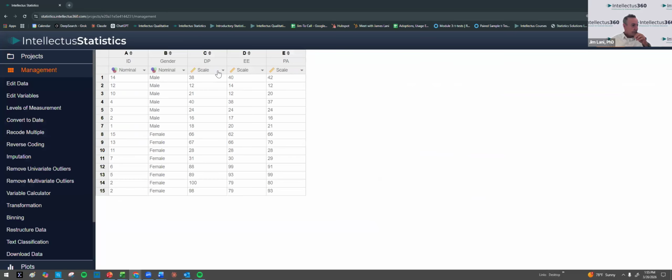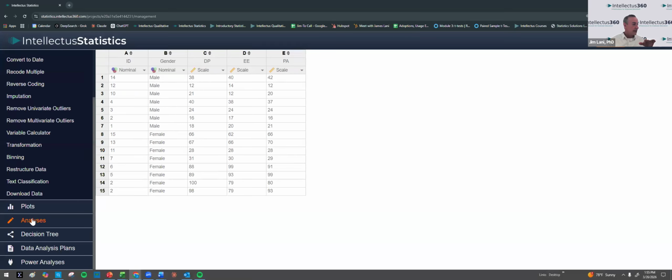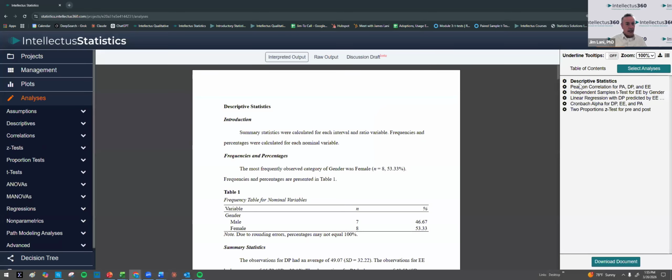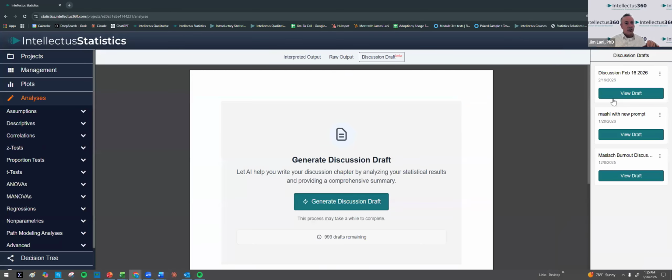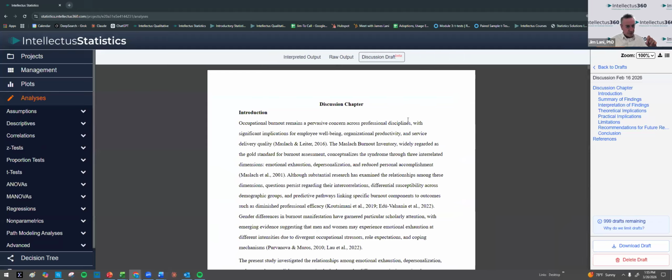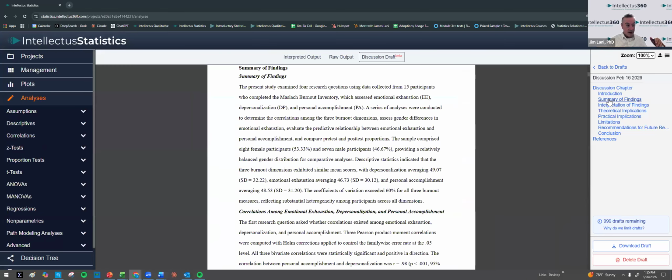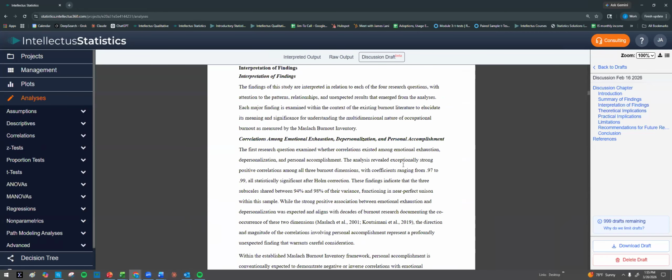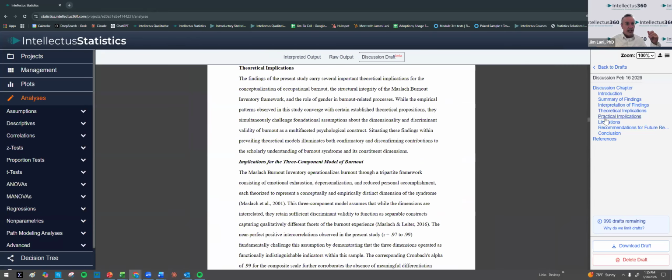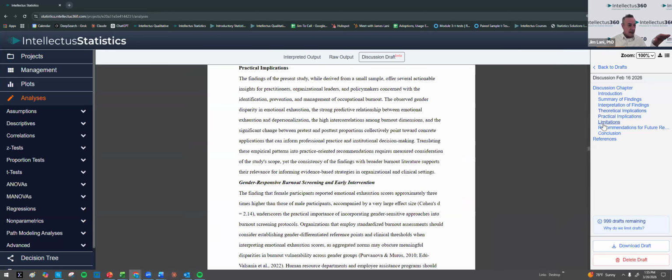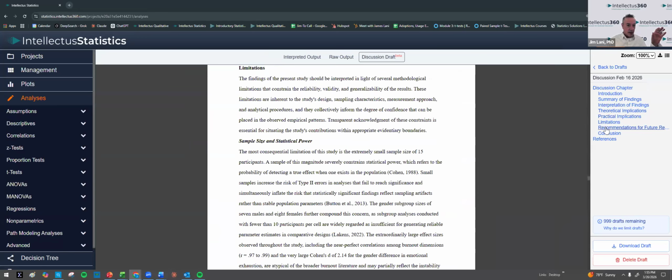So this is just a data set. Here are some analyses. And the discussion draft will come out and will have an introduction. It'll have a whole summary of your findings, interpretation of your findings in context with other research, theoretical implications, practical implications, limitations, conclusions and recommendations, and references.